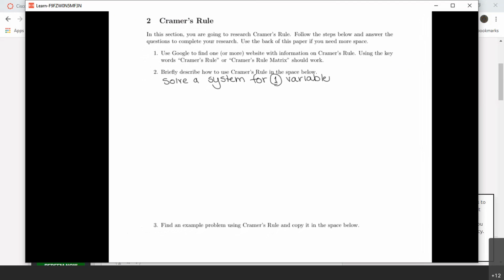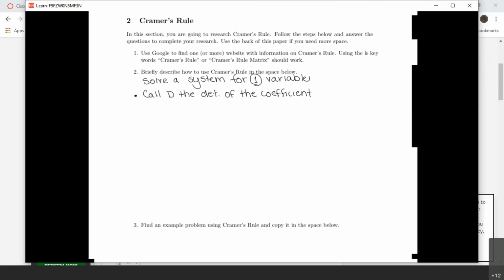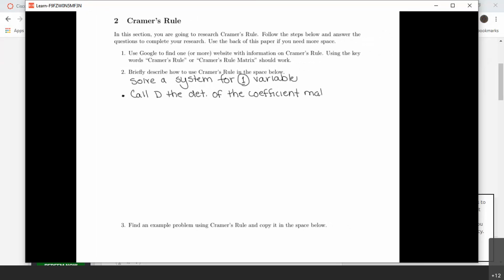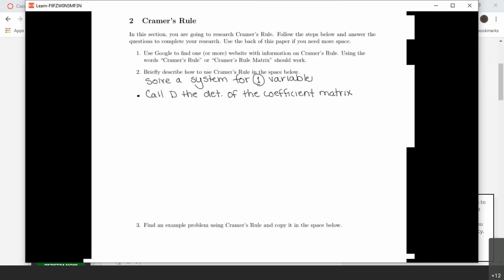So let's look at a process, a cookbook recipe. Let's call the determinant of the coefficient matrix, I'll abbreviate determinant as DET. So I'm going to have a system and I'm going to have a coefficient matrix.